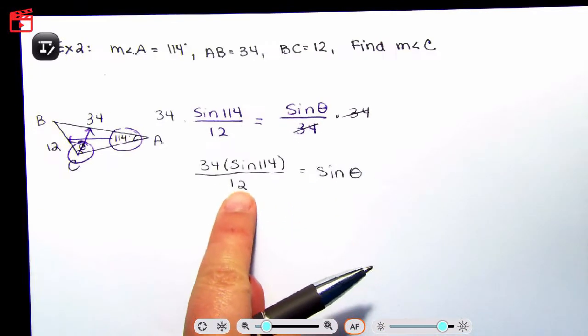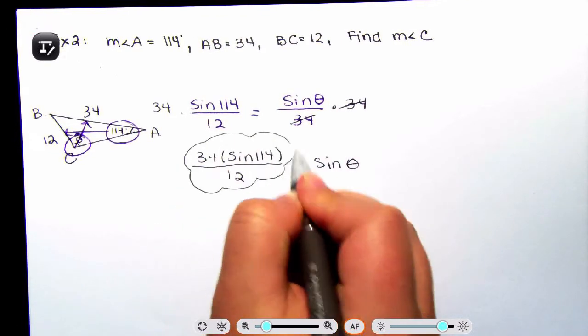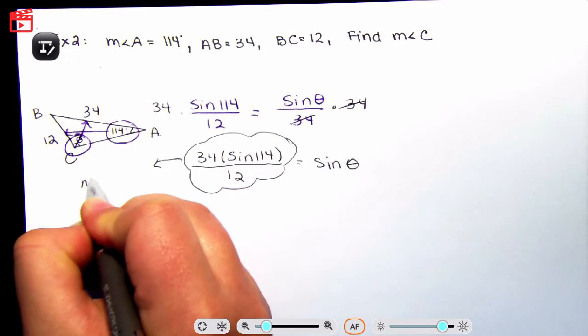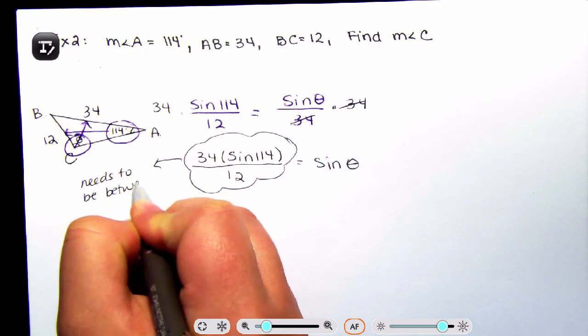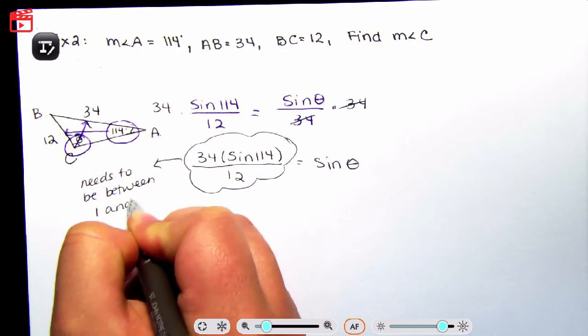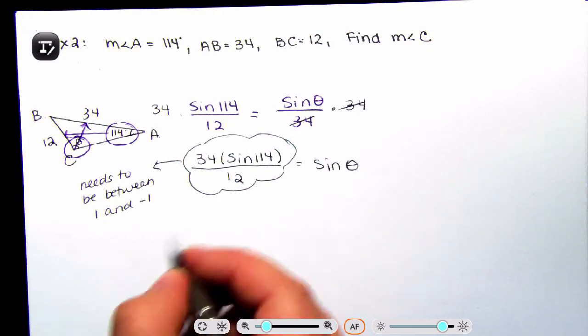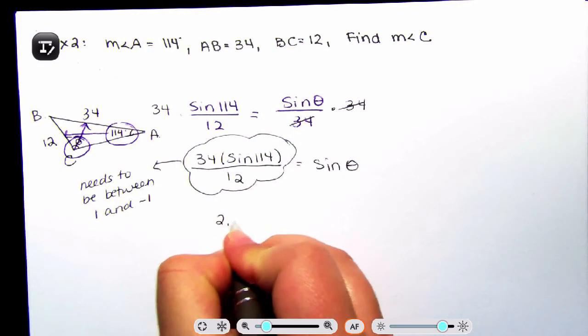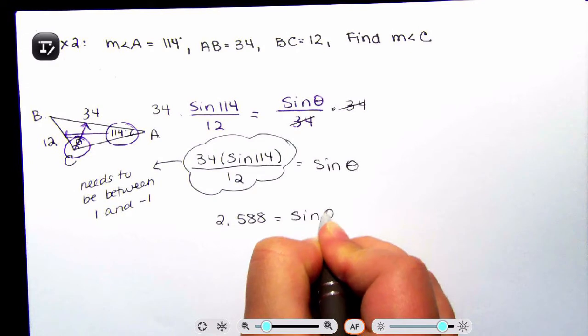We need to check if this is in between 1 and -1. So this needs to be between 1 and -1. So let's check. 34 times sine of 114, I'm going to divide that by 12, and that gives me 2.588 equal to sine of theta.